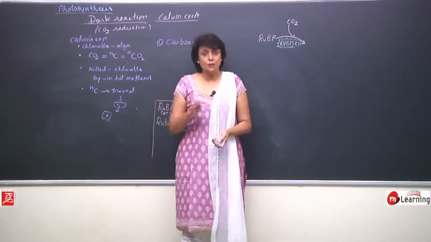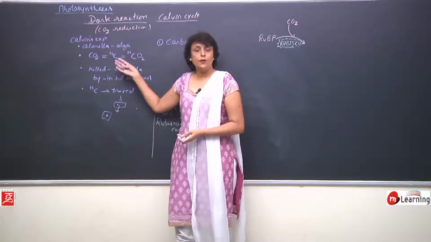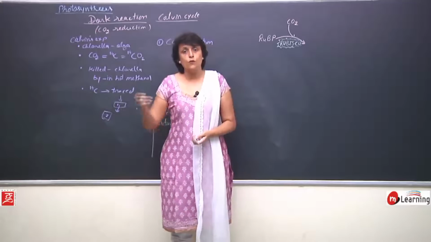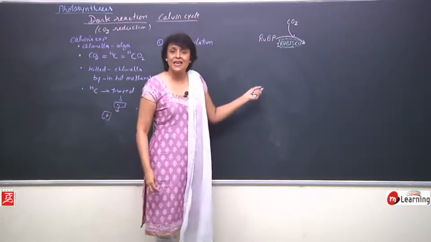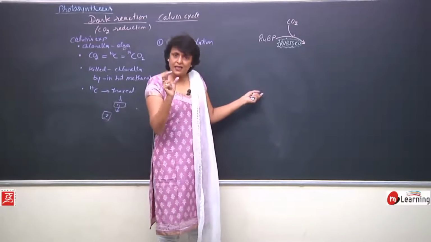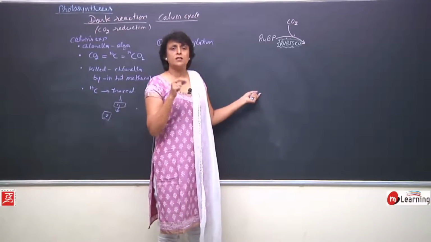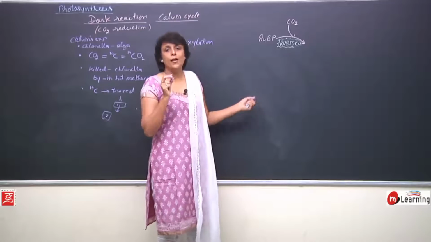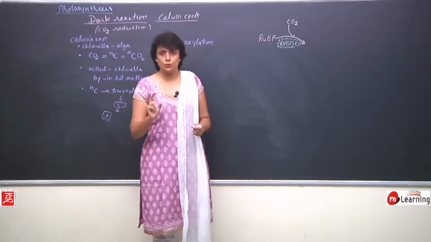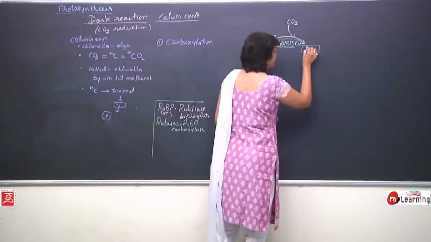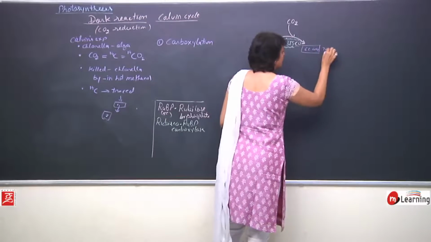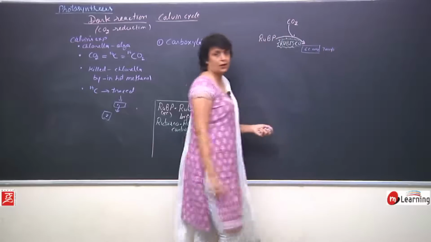But scientists believe, Kelvin also and the scientists who followed after him and did the same kind of experiments, say that a 6 carbon compound is formed. It is a very short lived compound. As soon as it is formed, it dissociates. So we will write a 6 carbon compound which is temporary or short lived.